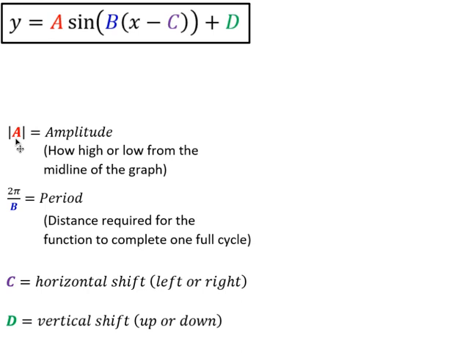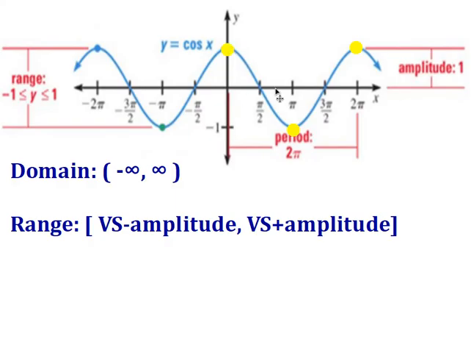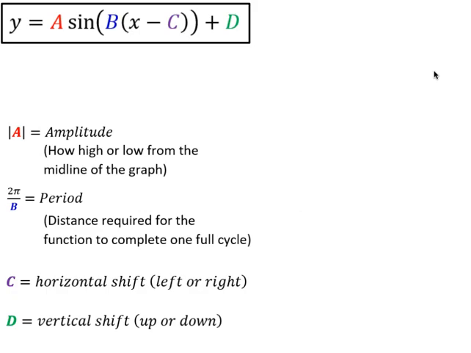So A is your amplitude, your period, how long your wavelength is, typically is 2 pi. Now, if it changes, if this B in front of your x is something other than 1, we're going to find the period by taking 2 pi and dividing it by B. Okay, and it's the distance required for the function to complete one full wave cycle or wavelength.